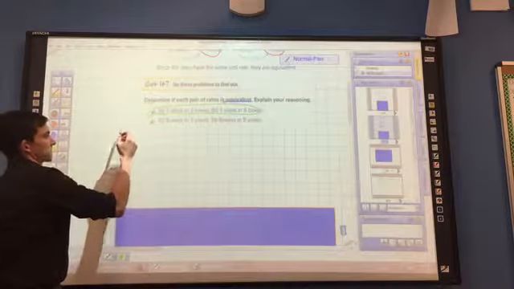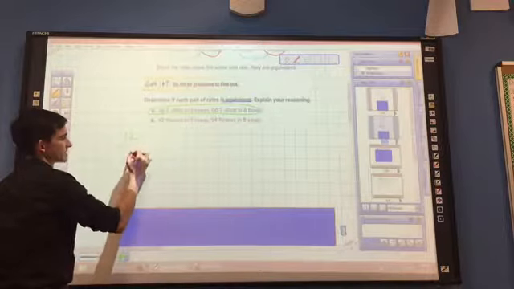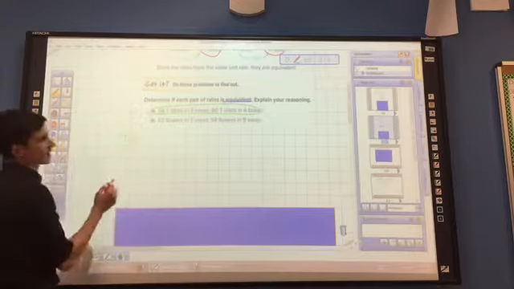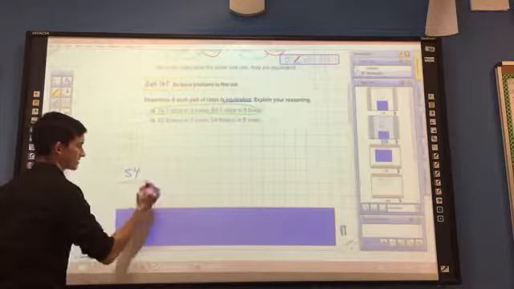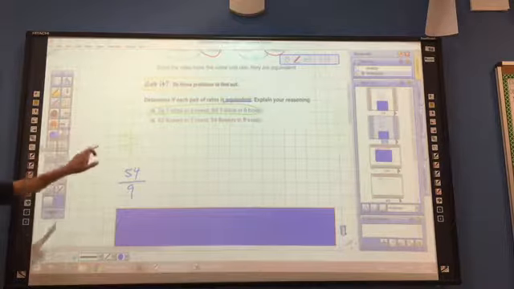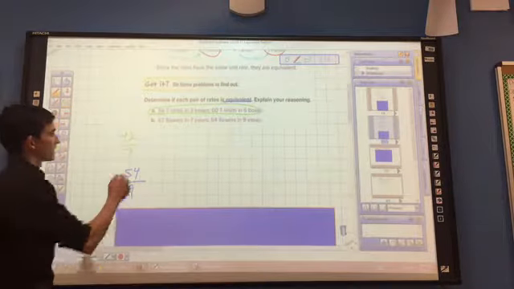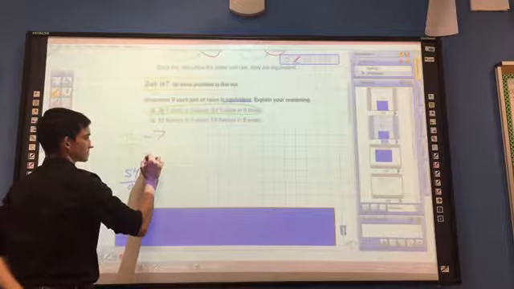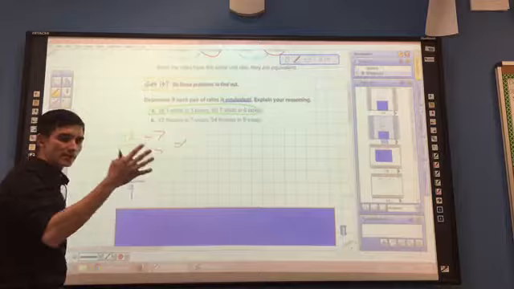B says 42 flowers in 7 vases, and that's going to be compared with 54 flowers out of 9 vases. 7 is on the bottom, so to convert it to a unit rate, I'm going to divide by 7. 42 divided by 7: 7, 14, 21, 28, 35, 42.